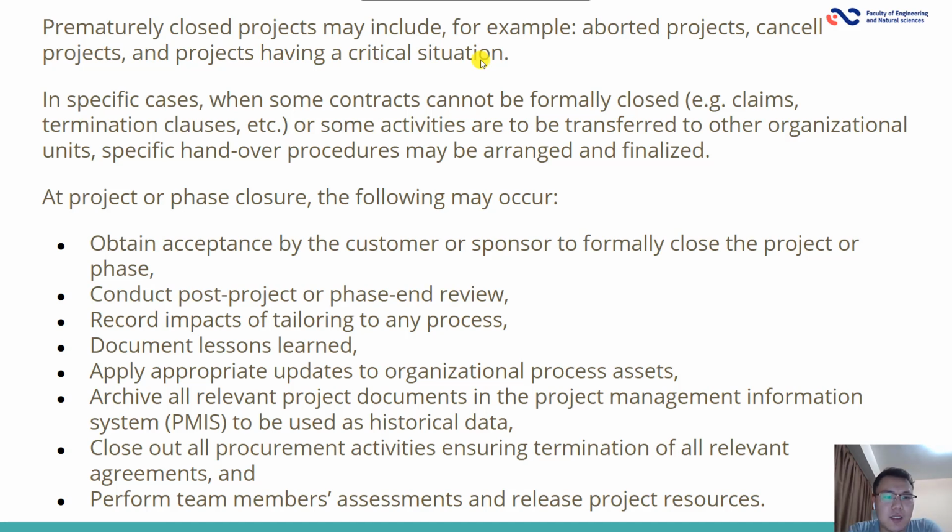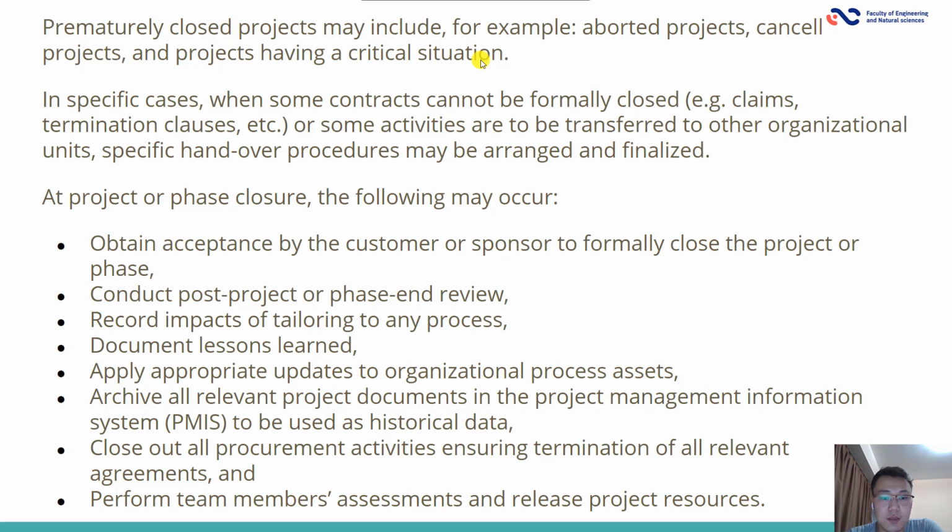So the first one is obtain acceptance by the customer or sponsor to formally close the project or phase. Conduct post-project or phase-end review. Record impacts of tailoring to the process. Document lessons learned. Apply appropriate updates to organization process assets.